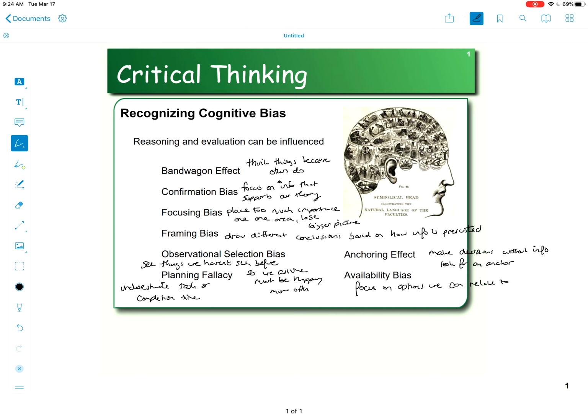If your subordinate comes to you and says, okay, we can do item A or B to solve the issue, you tend to pick the one that you can visualize, the one that makes more sense to you, the one that's more easy to understand. It may not be the best option, but we tend to gravitate towards the ones where we can think of examples or we can picture it in our mind. This is the availability bias.